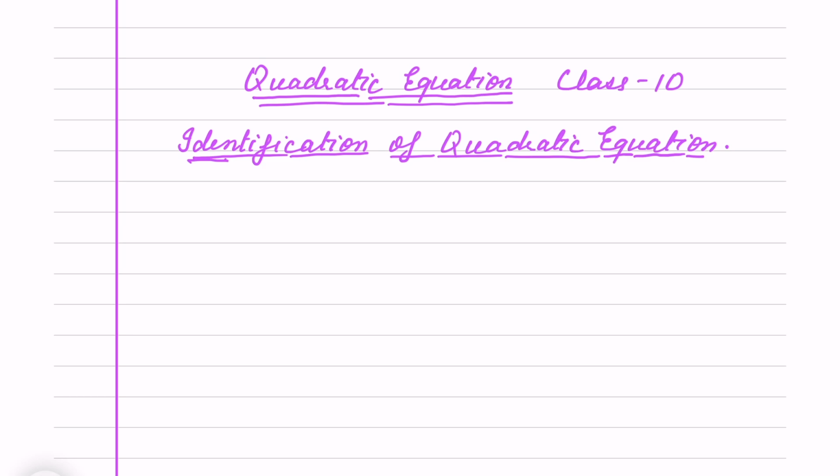Before that, let us discuss some common error questions which we always make. Suppose I write here root 2 x square minus 9, or I can say root 2 x square minus 9 is x plus 7. My question is, is this a quadratic polynomial or is this a quadratic equation?